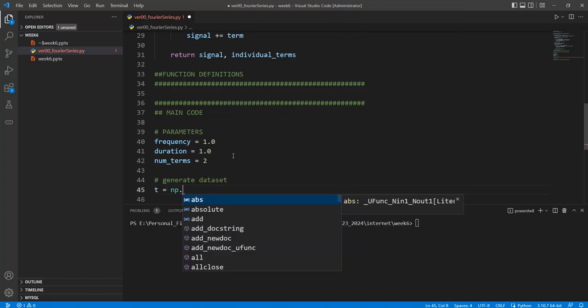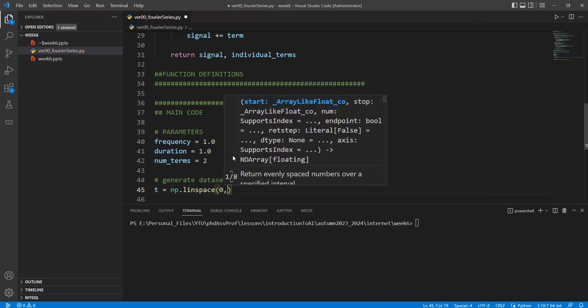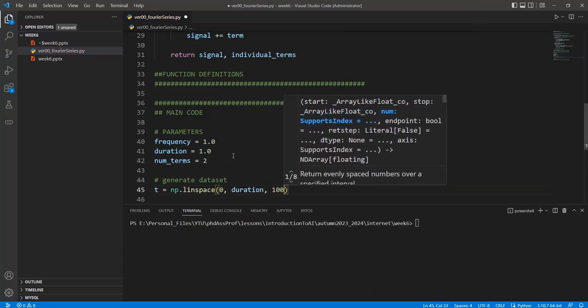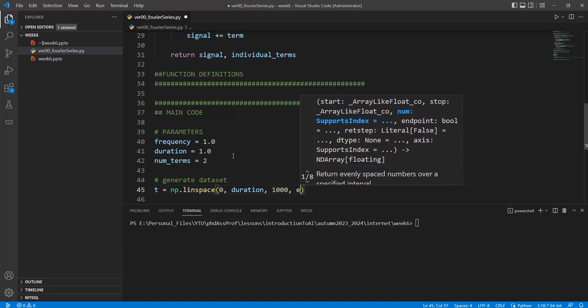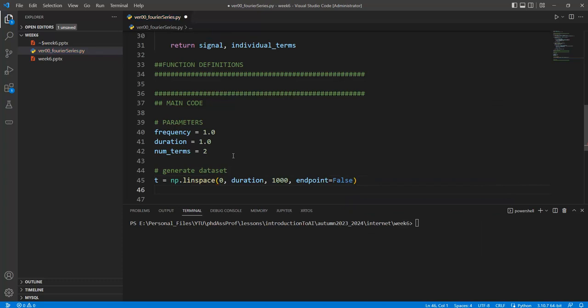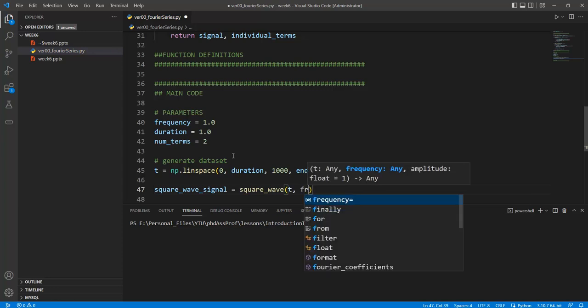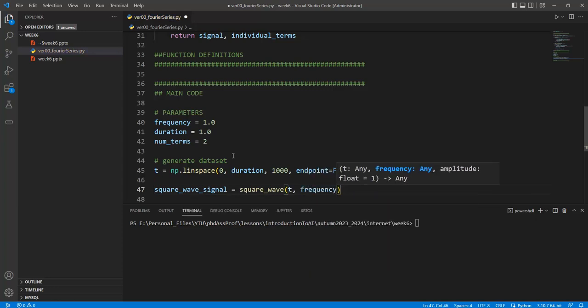T is equal to np.linspace with the values of 0 to duration, and 1000 values are included in this case. Okay, and so endpoint false must be given, and the square wave signal can be created using the square wave function, and so T and frequency values can be given at this time. Okay, this generates the square signal.